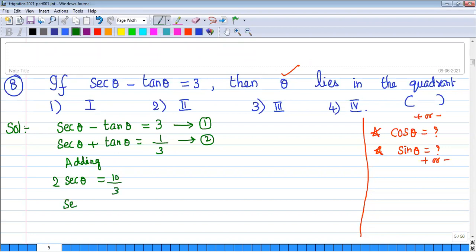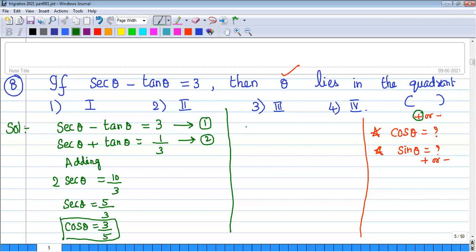Sec theta is equal to 5 upon 3. Cos theta is the reciprocal of sec, 3 by 5. Am I correct? Cos theta is positive. What is the sign you can find here? Cos theta is positive.